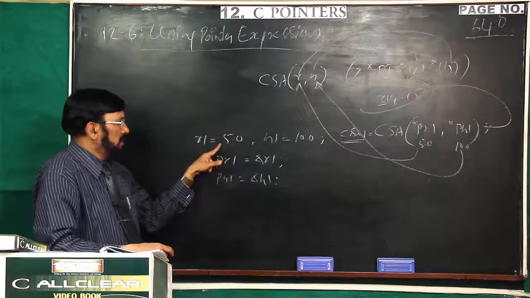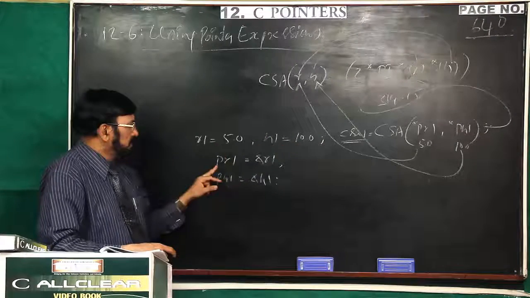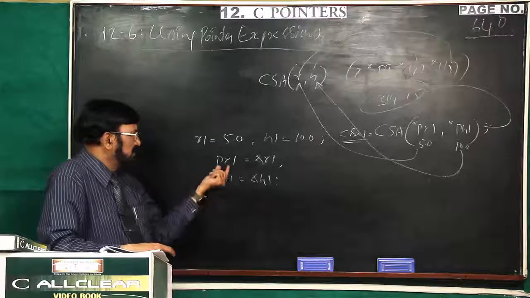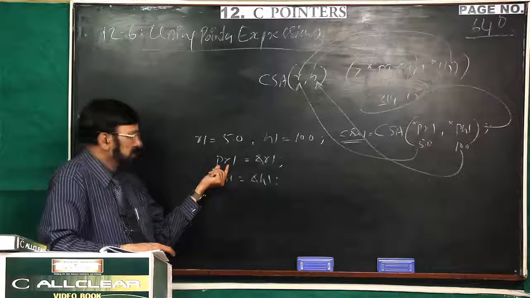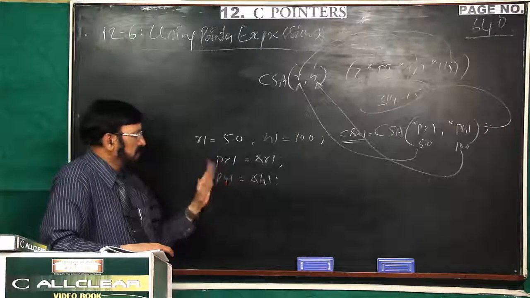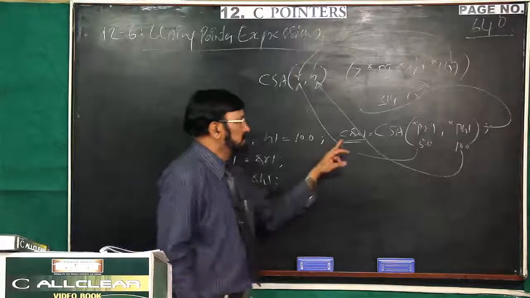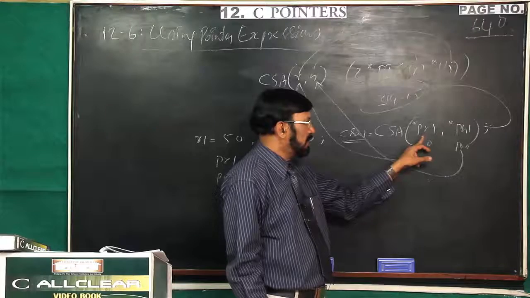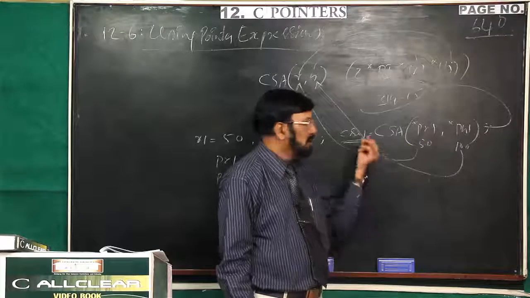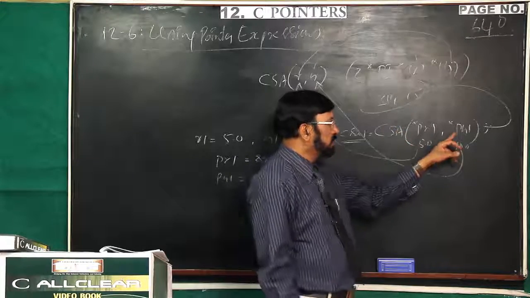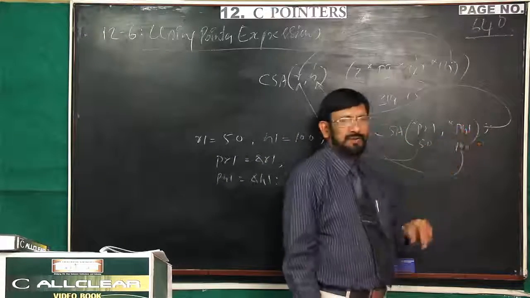Now R1 is this, H1 is this. Thereafter I explained how to create pointer notations. PR1 is created, and PH1 is created. Now this is the calling of the parameter macro. CSA of star PR1, that means the value stored at PR1 and the value stored at the address PH1.